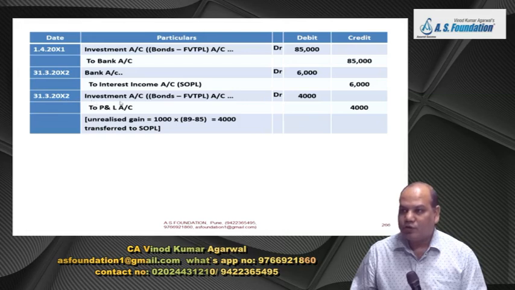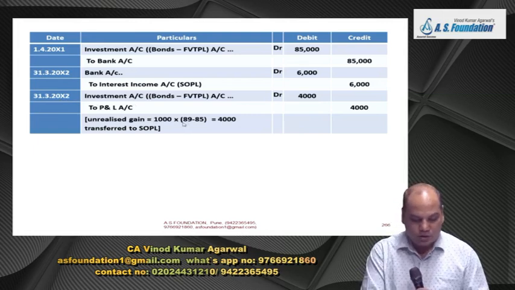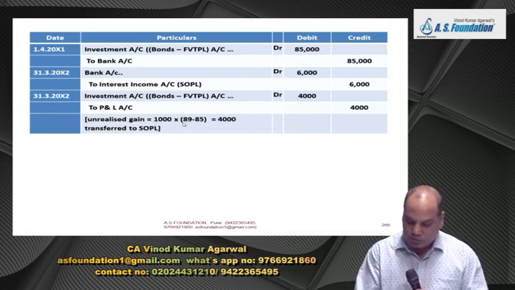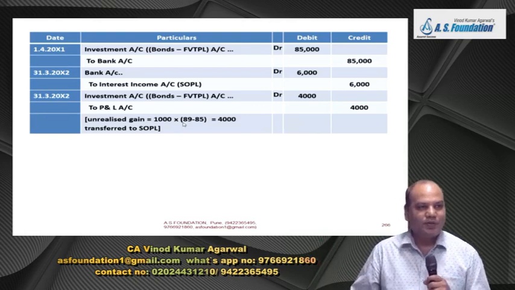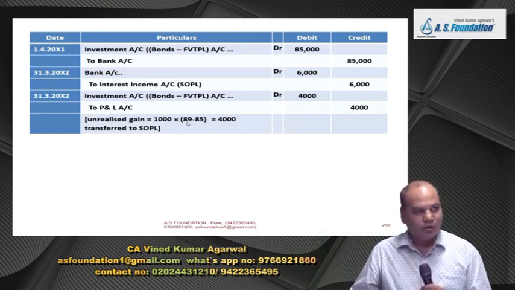Now we will value the instrument at fair value. What is the fair value of the instrument on 31st March? It is 89 rupees. And at what rate we had bought it? 85. So we are gaining 4 rupees per bond.